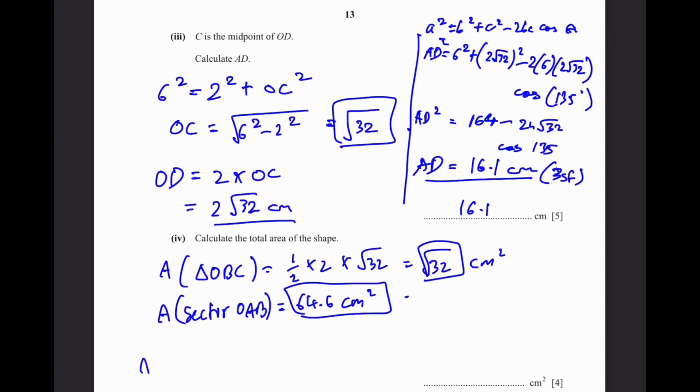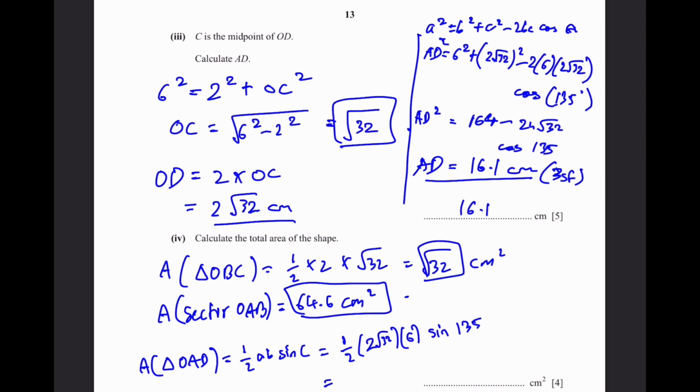So the area of this triangle OAD is going to be half times the product of two sides times the sine of the angle enclosed by the two sides. Half ab sine C, which is just half times 2 root 32 times 6 times the sine of 135.